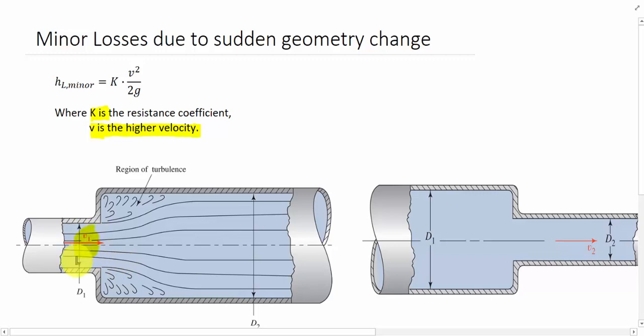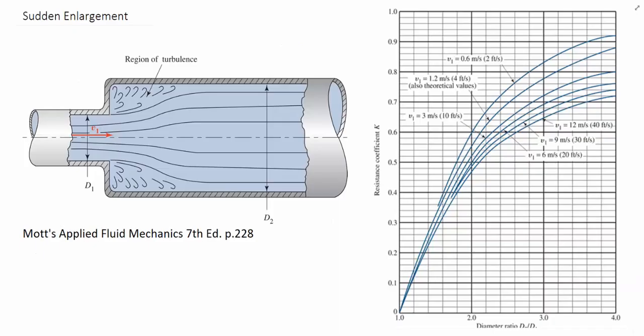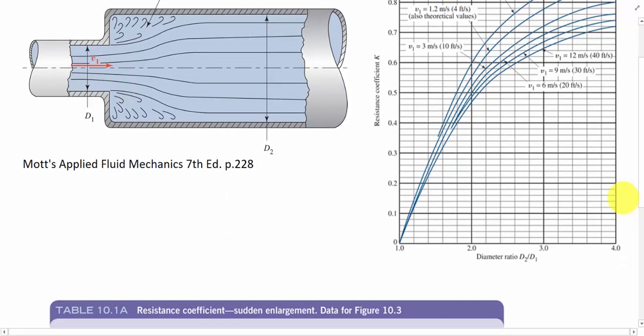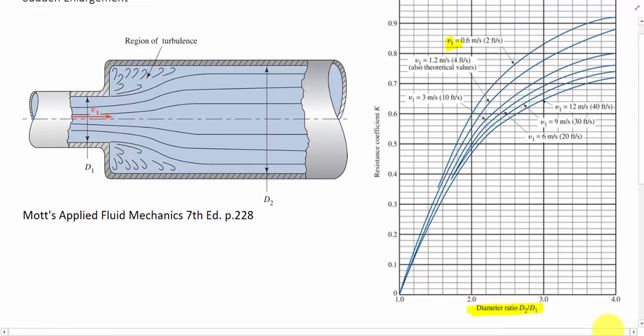And in another situation, if the flow is moving from the larger pipe to a smaller pipe, here V2 is the higher velocity, so you have to use V2 in the second situation. The resistance coefficient K number is related to the higher velocity, which is the V1 over here, and also the diameter ratio.